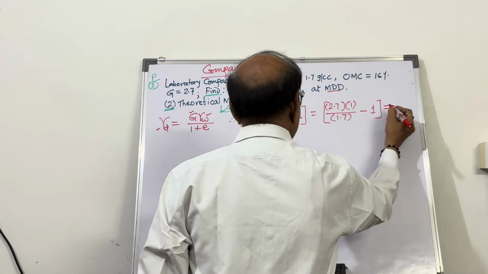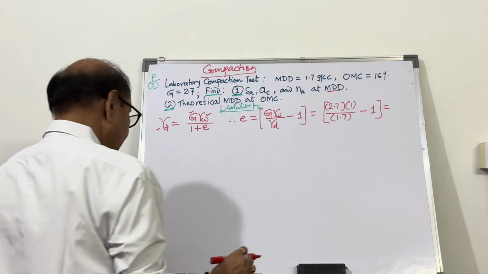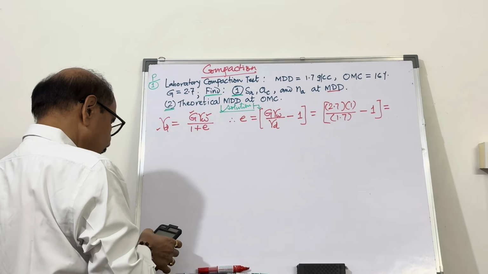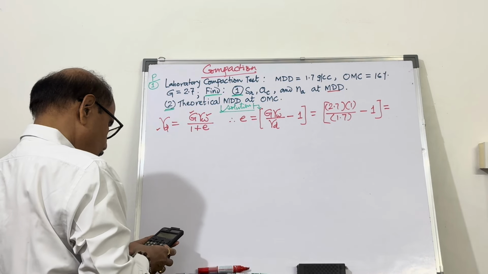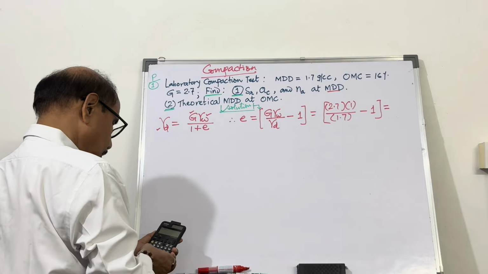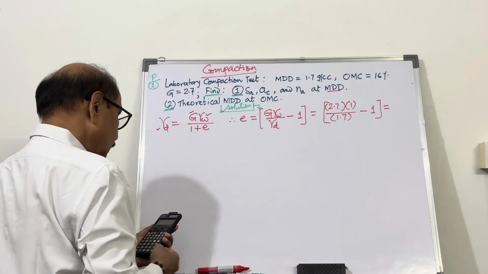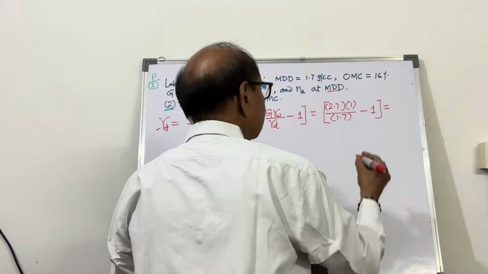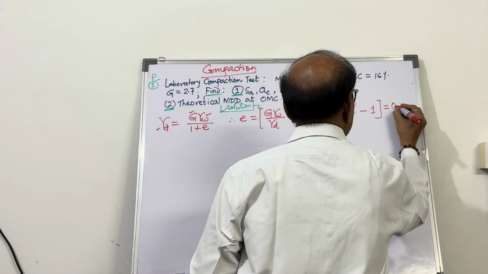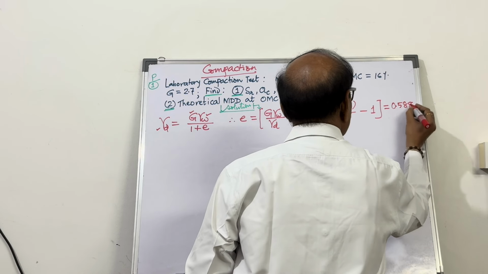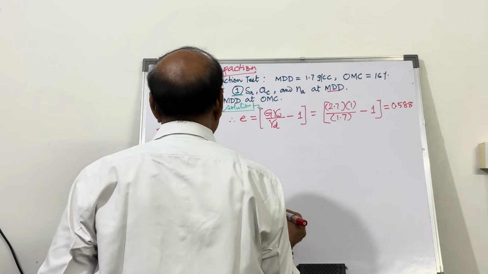And therefore, the value of e can be easily computed. So if you calculate this, it is 0.588. This is the value of void ratio.